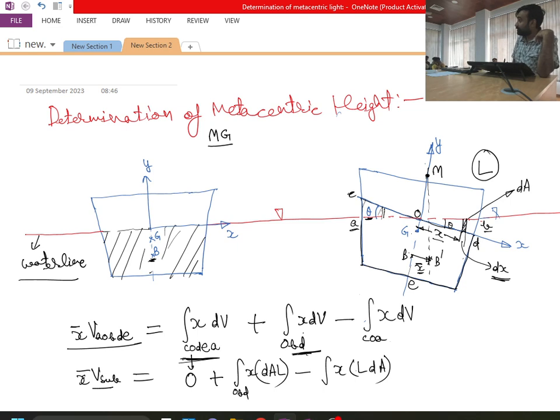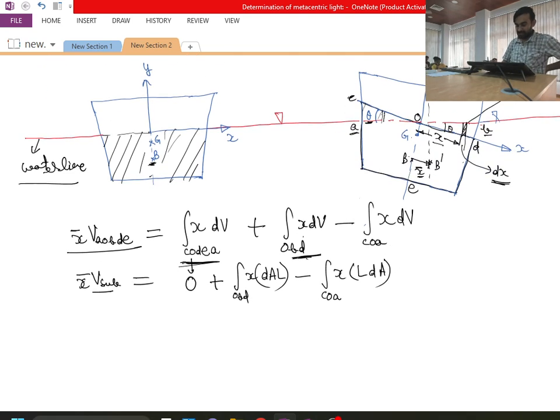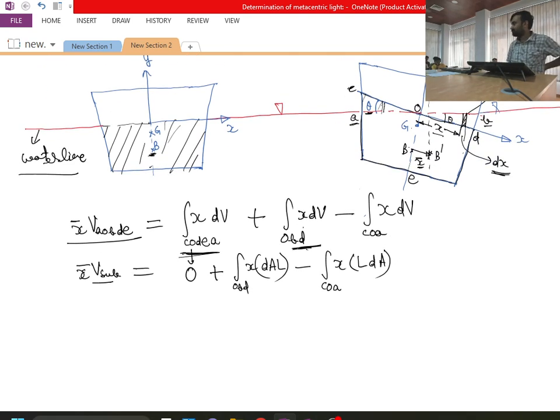Is this point clear? But whenever I am writing this L into dA with this x, now I have to put, okay, that I will explain to you later. So this is my point now, COA. Up to this point, is it clear? Or is anyone having any confusion? Please tell me, this is a very important step.